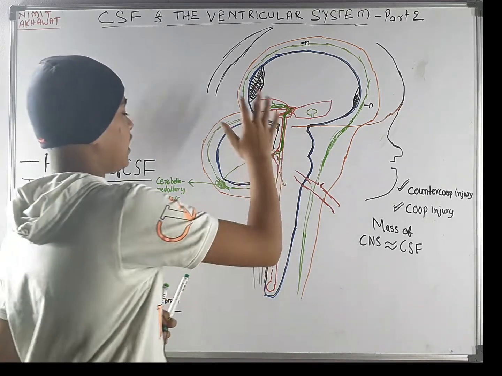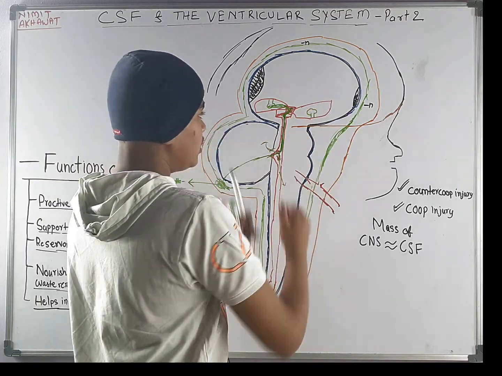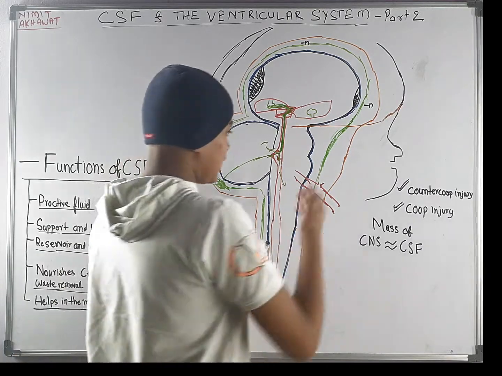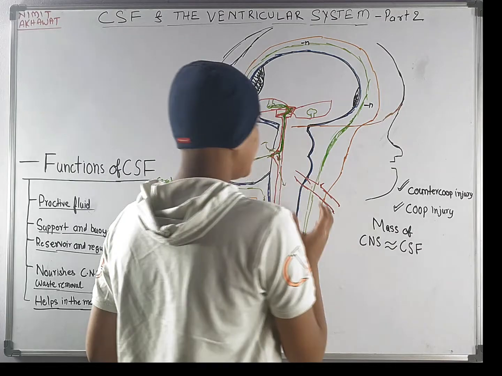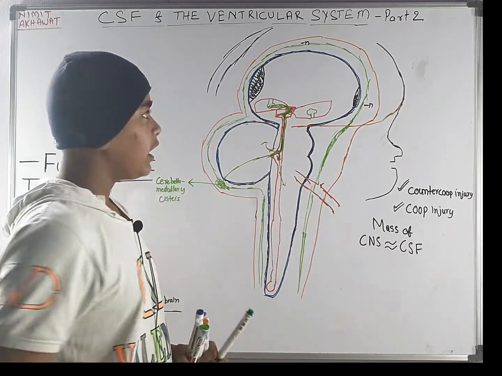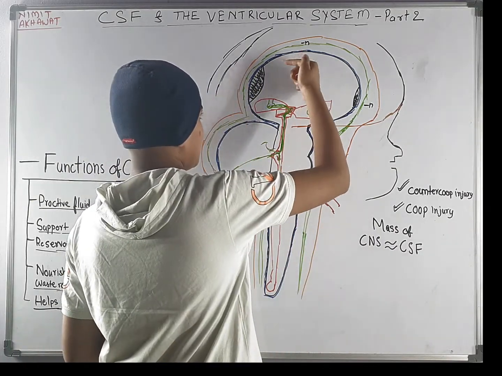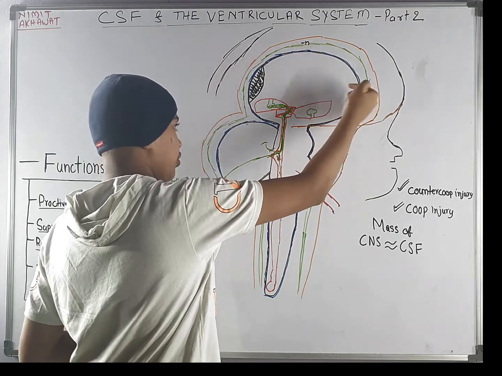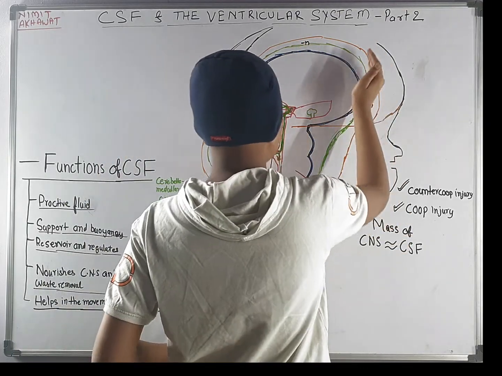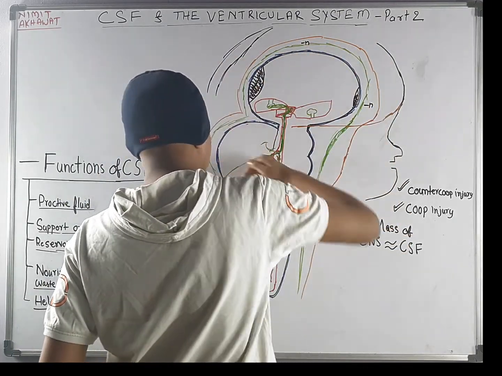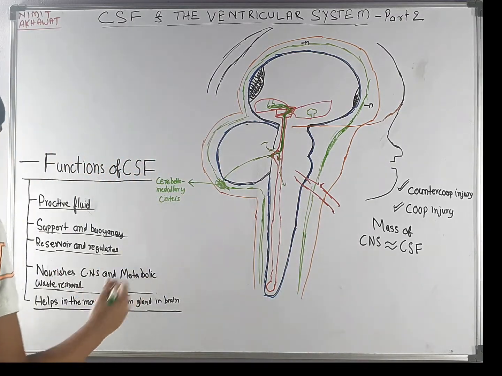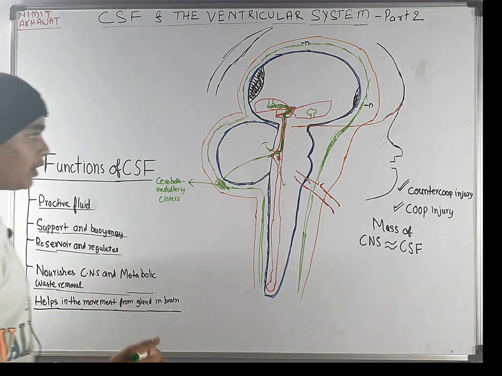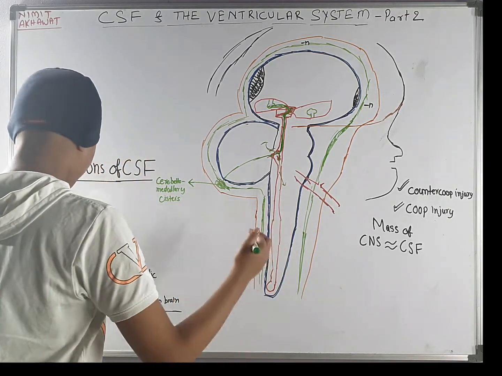So if our central nervous system is shrunken due to age, then our cerebrospinal fluid will increase and regulate the intracranial pressure. And if there is swelling on the frontal lobe, then the quantity of cerebrospinal fluid will decrease and regulate the intracranial pressure. And this is how our cerebrospinal fluid regulates the intracranial pressure.